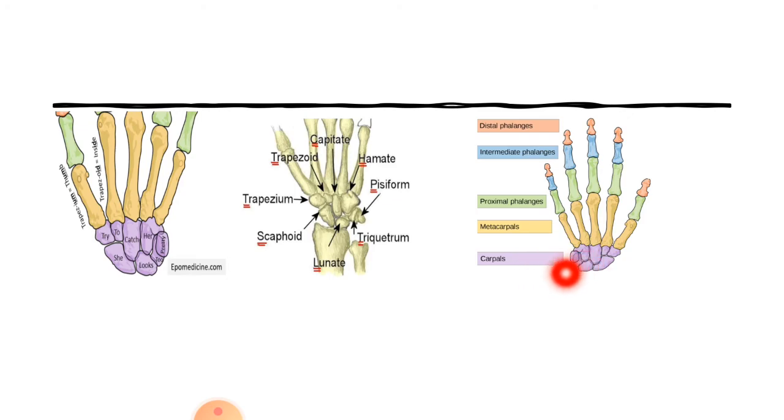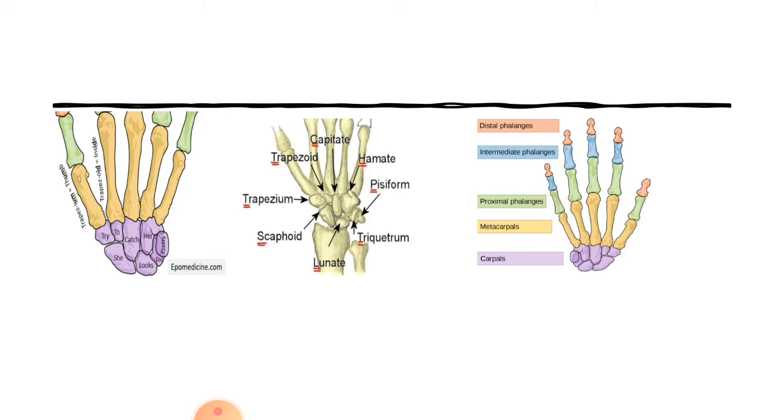So here you can see that the distal row of the carpal bones is forming a joint with the metacarpal bones. Metacarpal bones at the proximal end are forming joint with the carpal bones, and at the distal end they are forming a joint with the proximal phalanges, and the proximal phalanges are forming a joint at the proximal part with the metacarpal bones, and at their distal part with the intermediate phalanges.